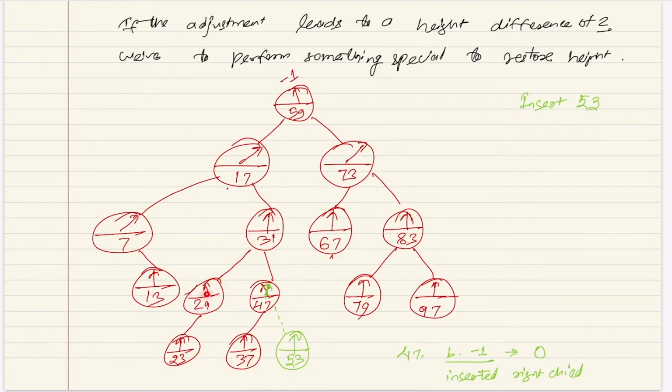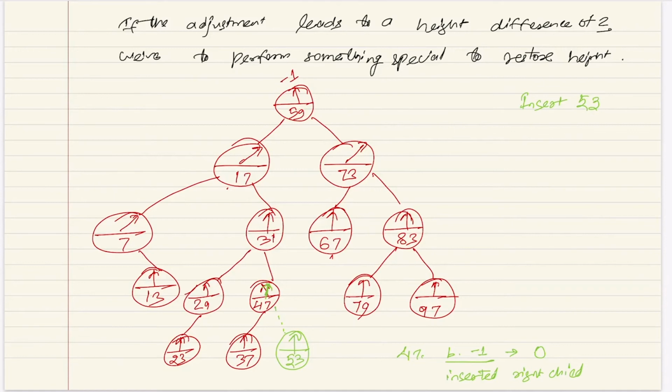So this has a height of 2 and this has a height of 2 again. In that case, the balance factor was anyway 0 and it remains 0. It does not change. Now, is there any way that I can know this, because I am not storing the heights? How do I know that I don't have to change the balance factor at this 31?